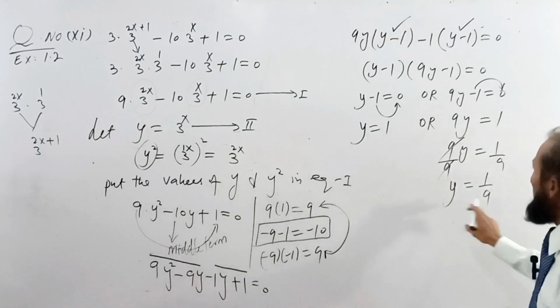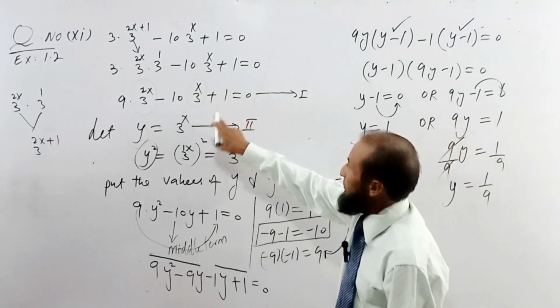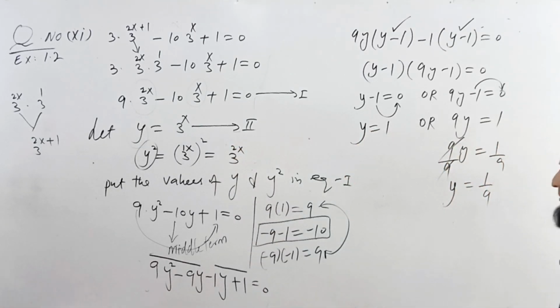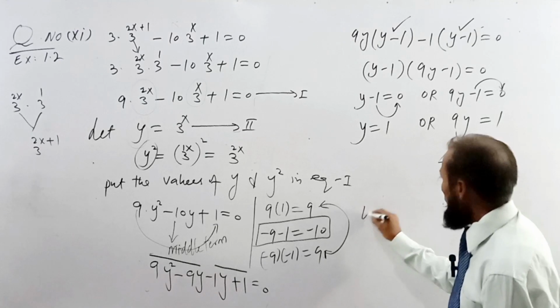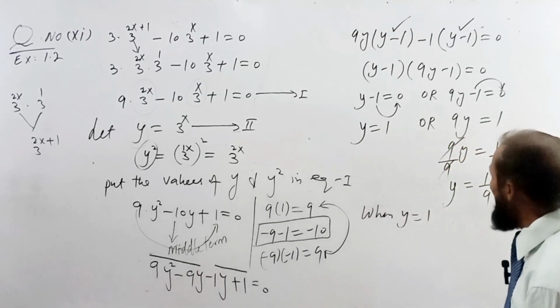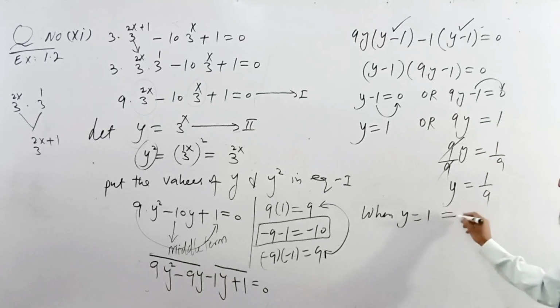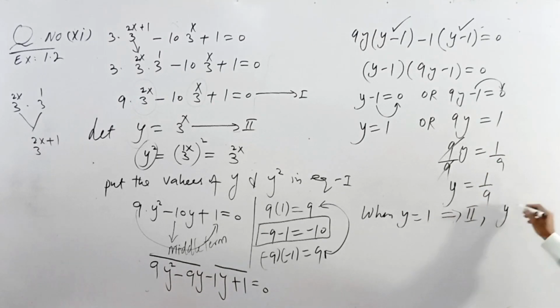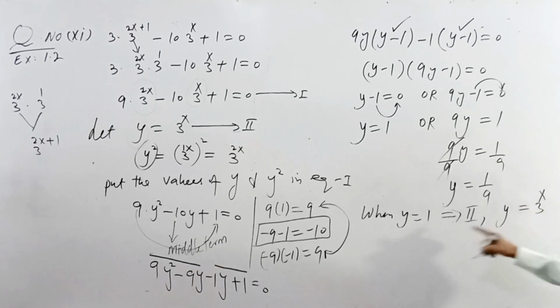Now these two results we put in equation number second, and we will get the values of x. When y is equal to 1, the first result, equation number second becomes y is equal to 3 power x. In place of y we put 1, so 1 is equal to 3 power x.